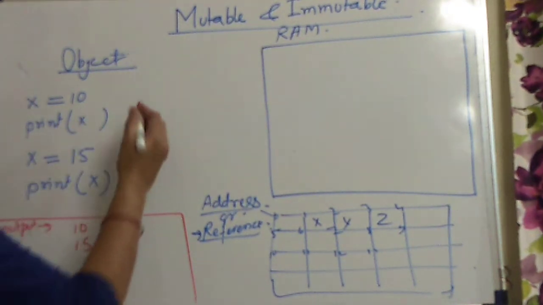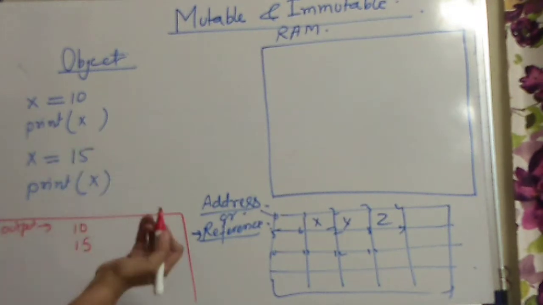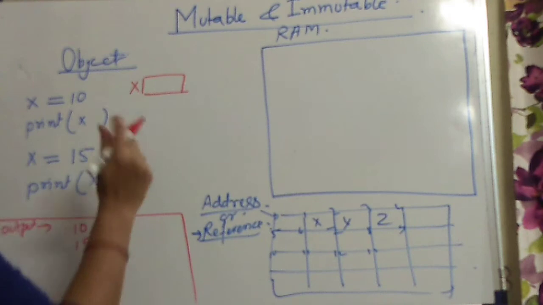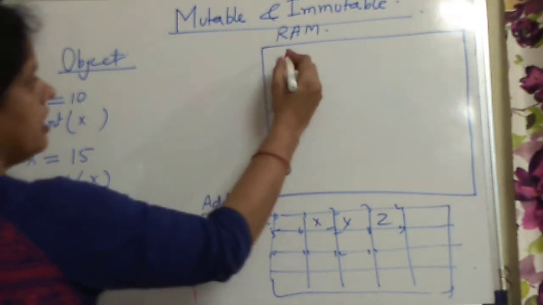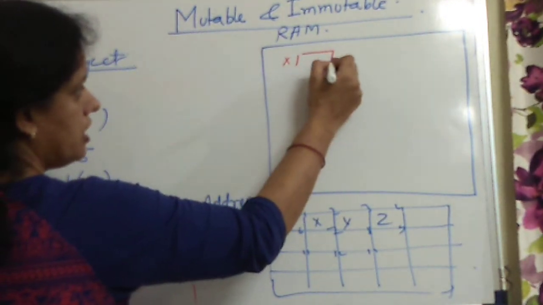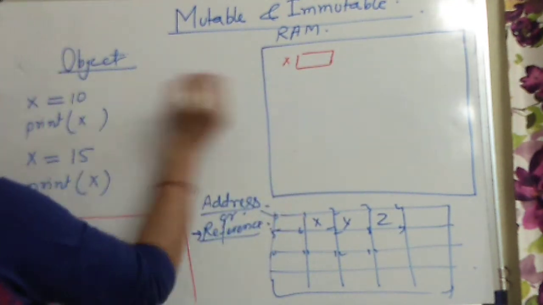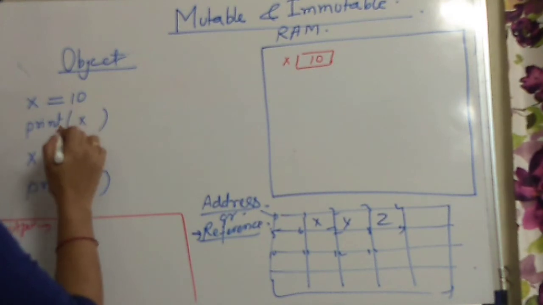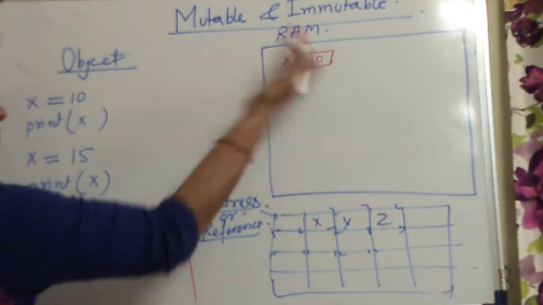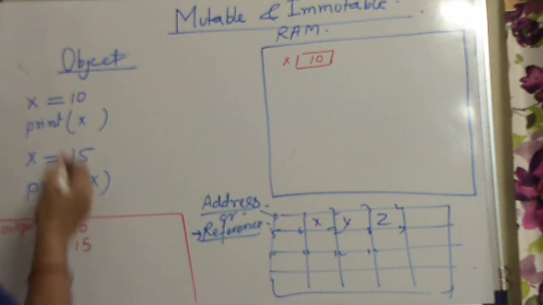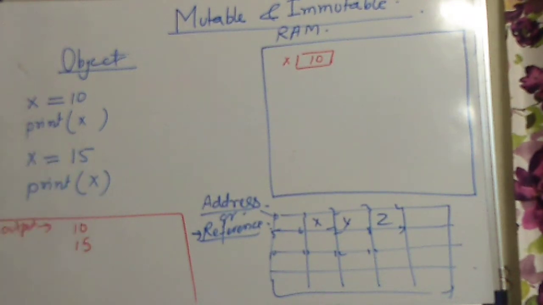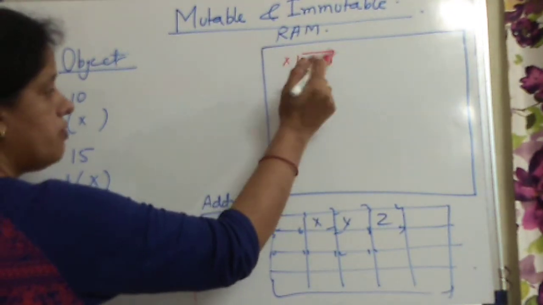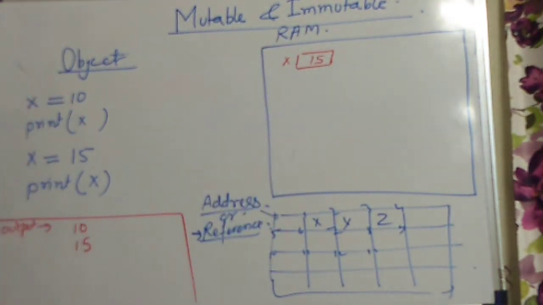Earlier it was said that x will occupy space in the memory, and 10 will be stored. Then when you print the value of x, 10 will be printed. Now you store 15 in x, so the value of x is changed from 10 to 15, right?